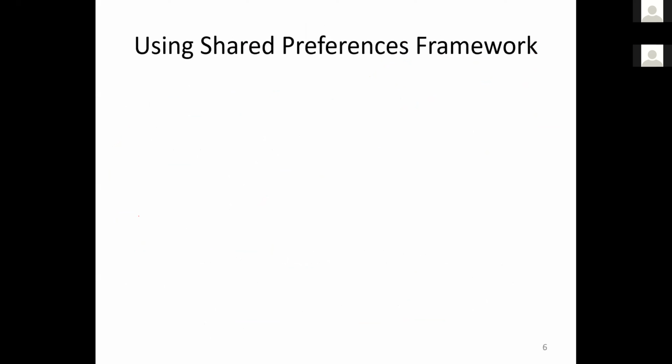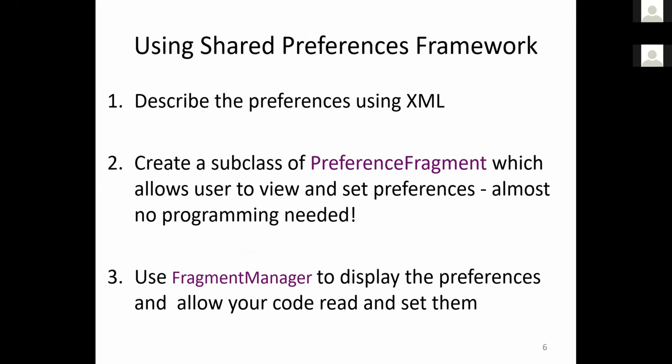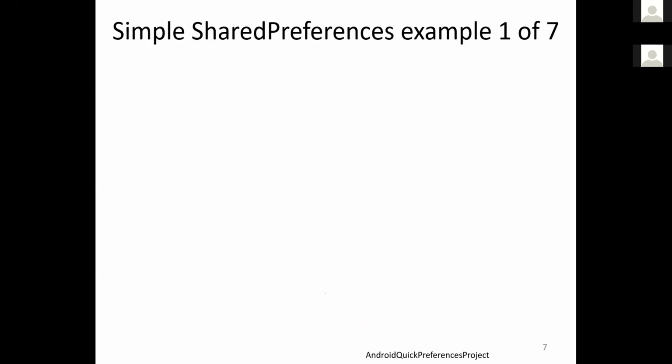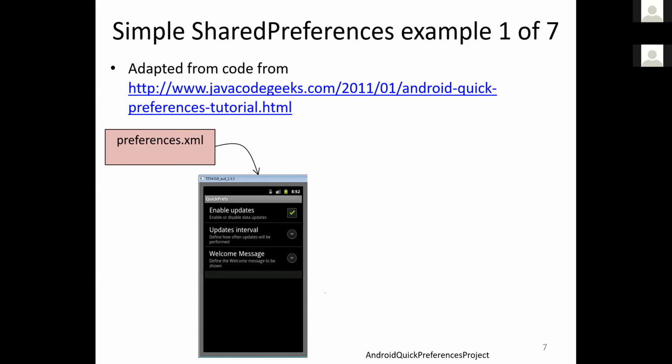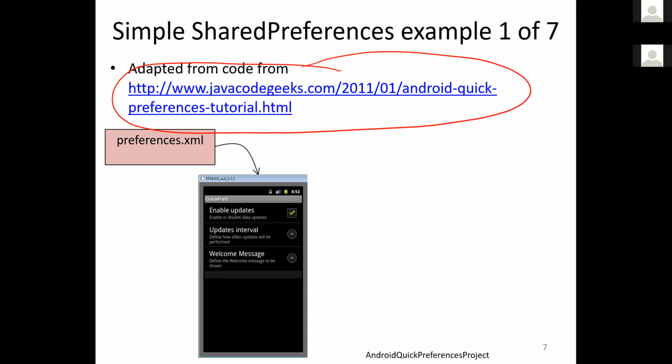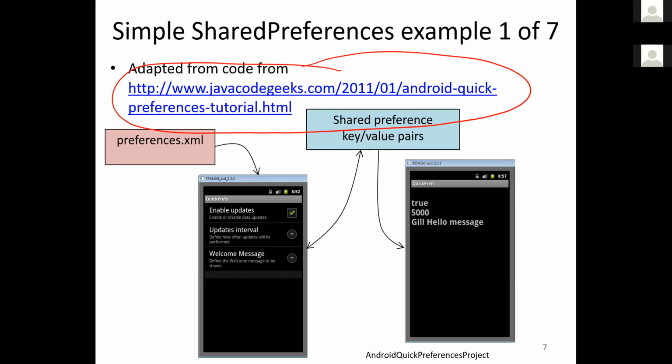Now, the next one, I actually gave you this example, and I told you, apart from what we did in class, to go and try this. So you describe the preference using XML, you create a subclass or preference fragment, which allows users to view and set preferences, and then you use fragment manager to display. This is the way in which this code was working, and I believe you're able to try it and test that.